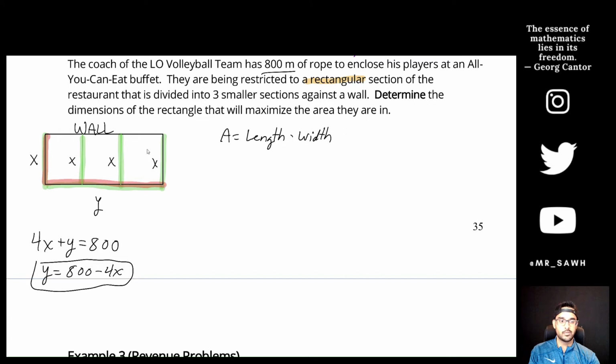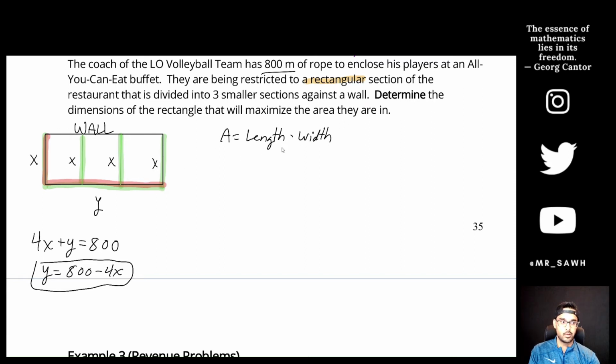Each little piece for the small subdivisions would be y divided by 3 if I cut it into 3 equal parts. But I don't know that I'm cutting it into equal parts. I just know they're smaller sections. It doesn't tell me that they're equal. So I have to assume I'm looking for the big rectangle because I don't know that.